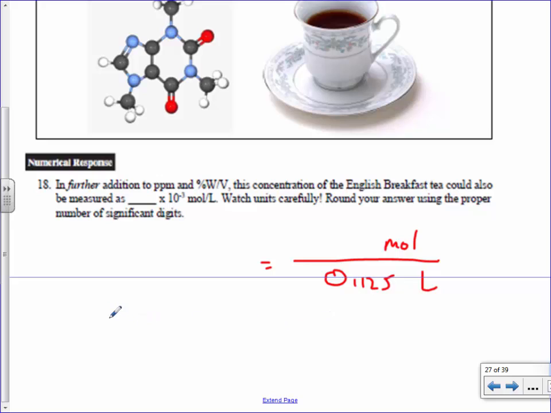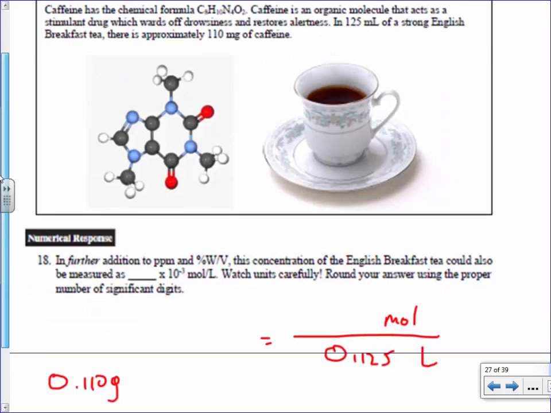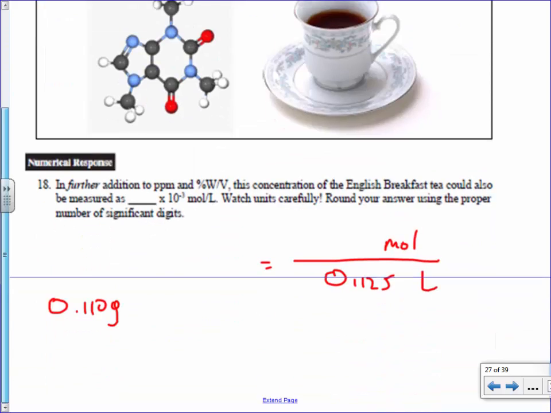So there was supposed to be 0.125 grams, I believe. No, that's not right. It was 0.110 grams. Yeah. If we can use a molar mass number, we can then get an answer in moles, and then that number will go up here. That makes sense?